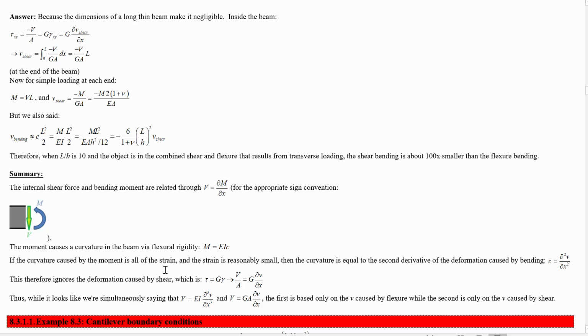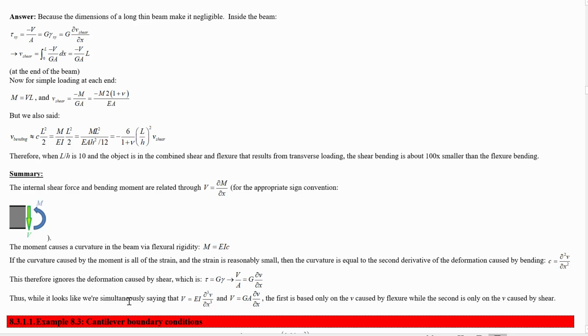If the curvature caused by the moment is all of the strain, and the strain is reasonably small, then the curvature is equal to the second derivative of the deformation caused by bending. This, therefore, ignores the deformation caused by shear, which would be coming from the shear strain related to shear stress, according to this equation.